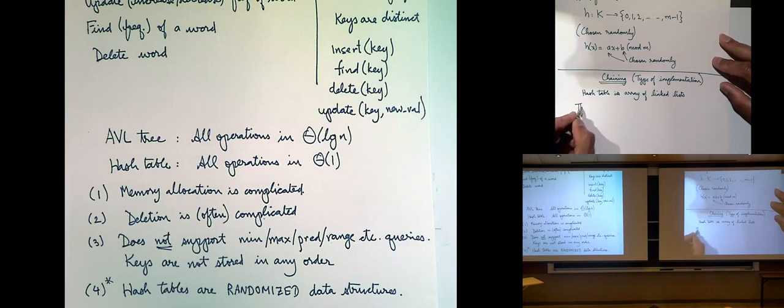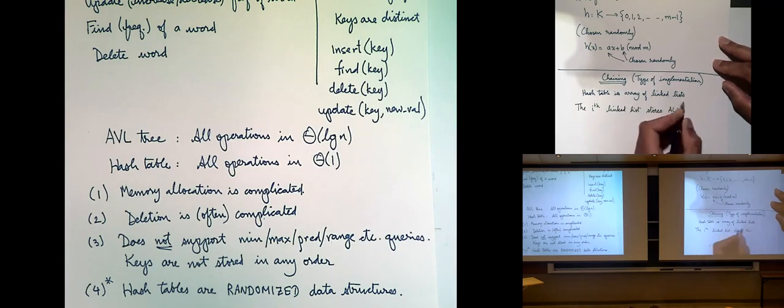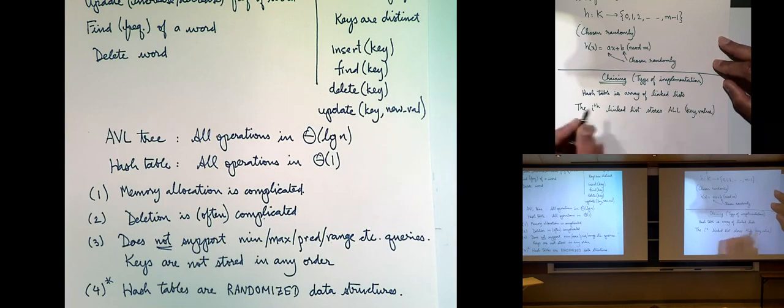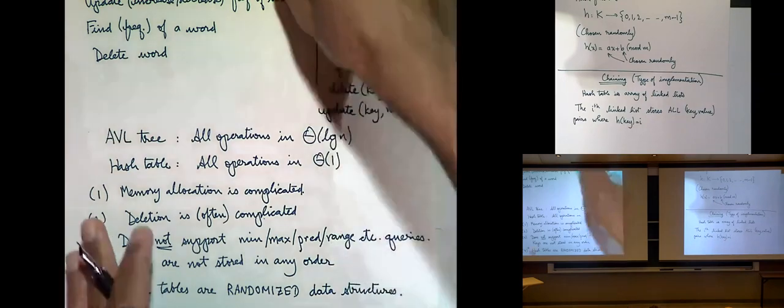The ith linked list stores all key value pairs where the hash function on the key is equal to i. I'm just going to draw a picture here to make this clear.